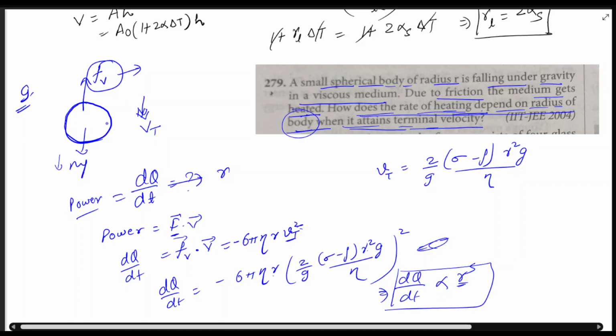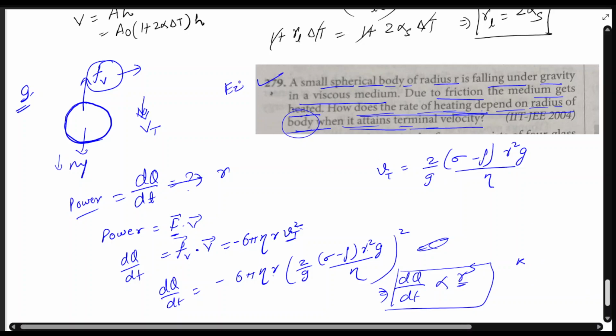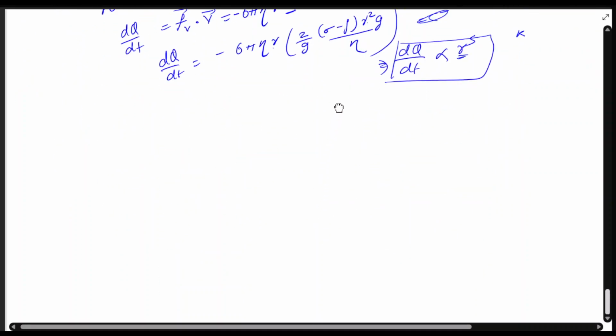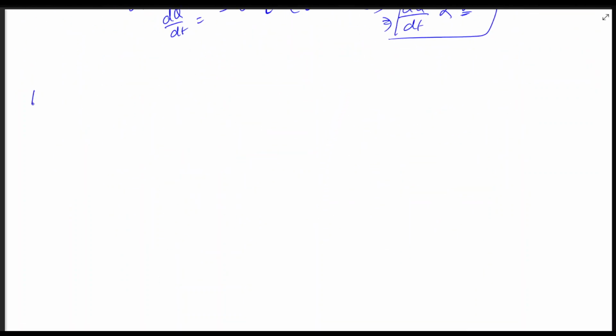If you take 1 meter of radius, the rate will be something, say k. But if you make it twice, the rate will simply be 32 times. This will be our answer. Again, it's an easy question, but if you don't remember this formula, there will be a problem. Let's move on to our 10th question.